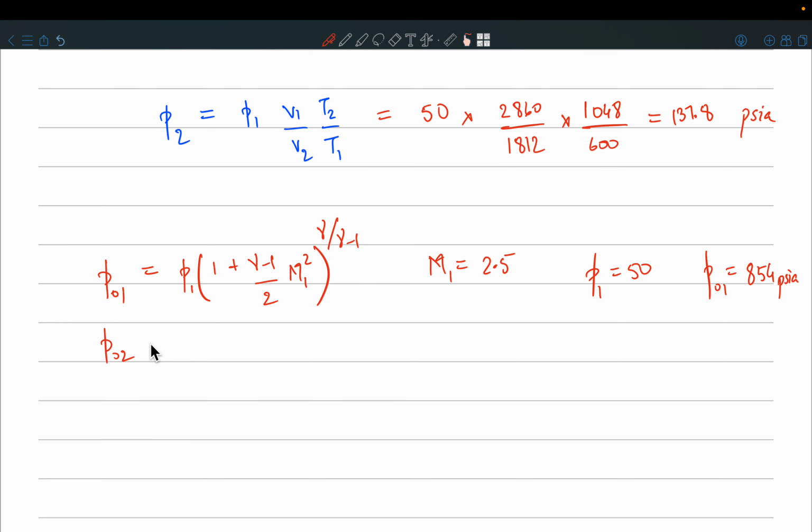Similarly, you have to calculate P02. So M2, what was M2? 1.2, right? And P2 you just found up here. So what is P02? Are you calculating?